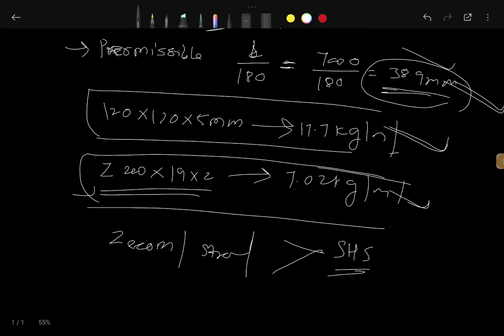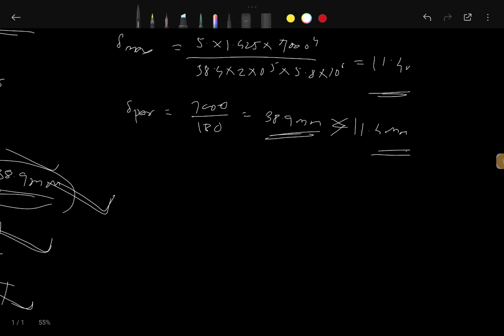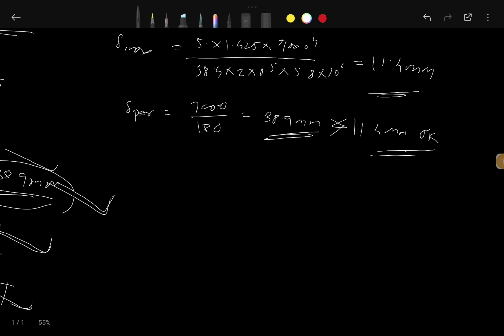So that's why we generally focus on Z cold form members for our purlin or girt design. Because this Z cold form member has higher capacity as compared to hot form members. Stiffness is also very high as compared to hot form members.